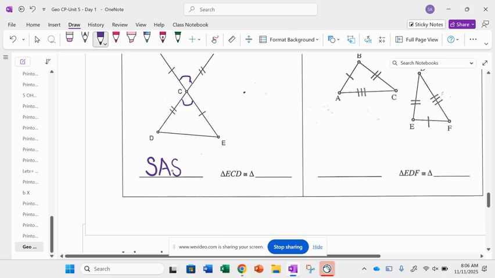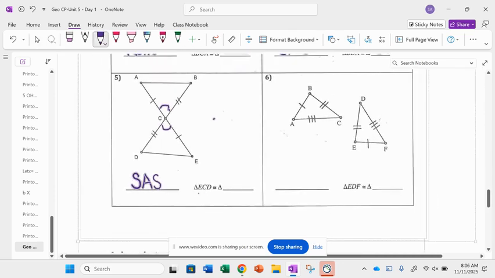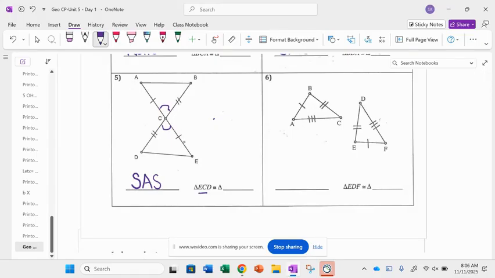And now you want to be really careful with how you match these up. So I wrote EC first. EC has one slash. So who does EC match with? That also has one slash in the other triangle. Isn't it AC? So you have to put AC first. So then it's going to be ACB.